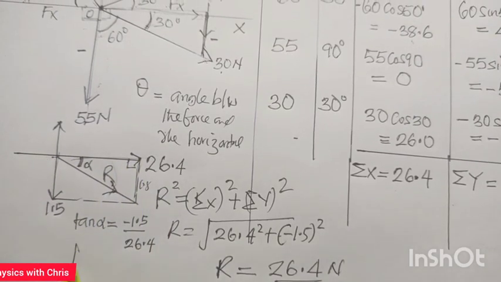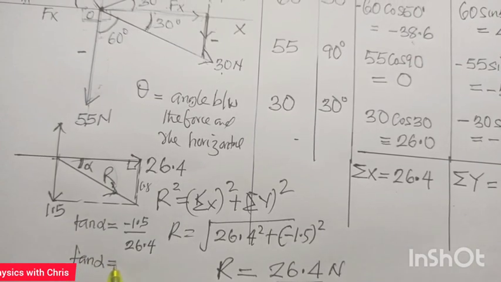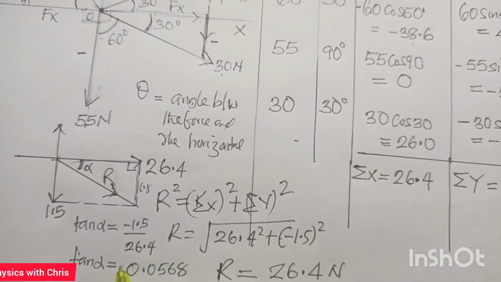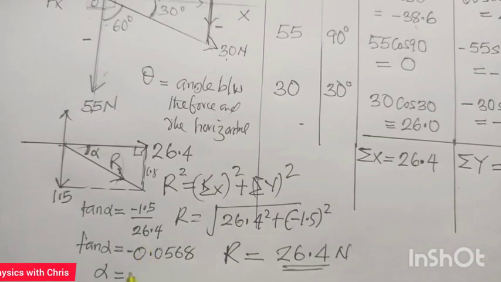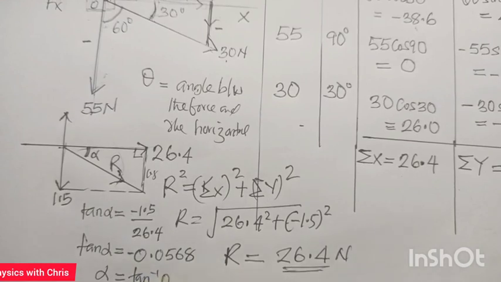Okay, so maybe I should allow you once again to give me the final answer for the direction of the resultant vector. 1.5 divided by 26.4 gives us 0.0568, negative.